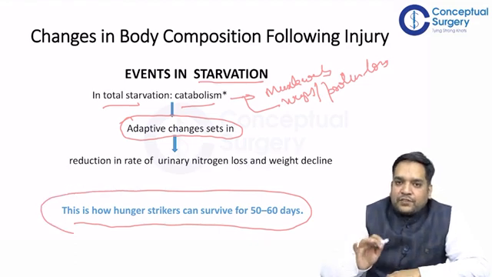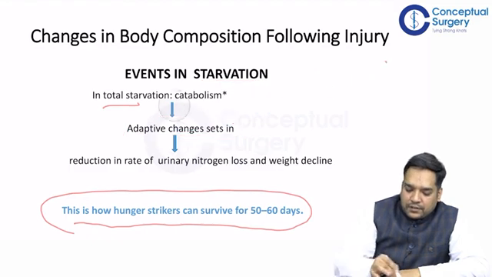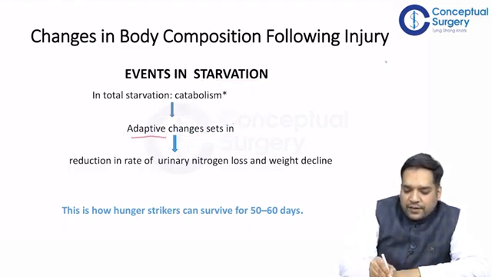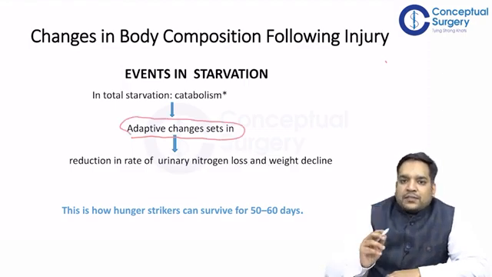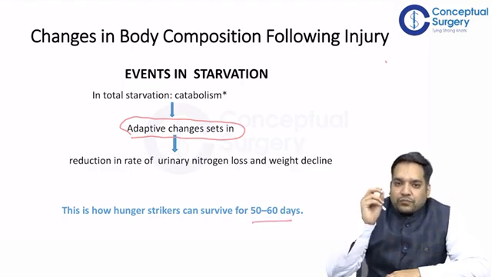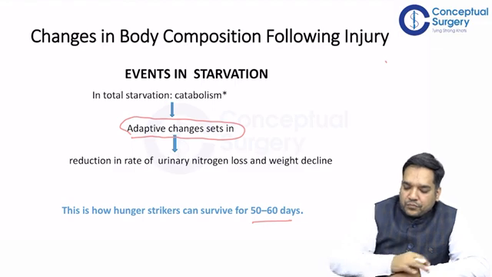Please remember adaptive changes in starvation are the factor why people are able to do a total hunger strike for 50 to 60 days, because adaptive changes decrease the rate of protein loss and the rate of weight decline.